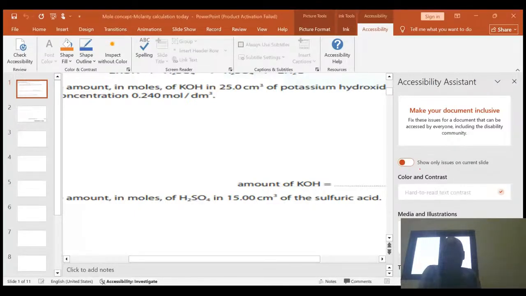The cubic decimeters cancel out, and what you get is 0.006 moles of potassium hydroxide. This is how we can solve this one.